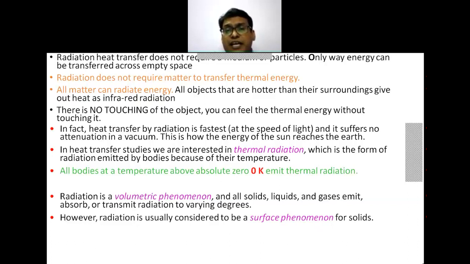In fact, heat transfer by radiation is fast and it suffers no attenuation in a vacuum. This is how the energy of the sun reaches the earth. In heat transfer studies, we are interested in thermal radiation, which is in the form of radiation emitted by a body because of its temperature.